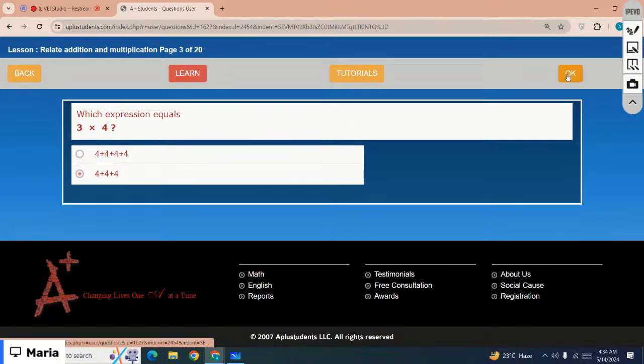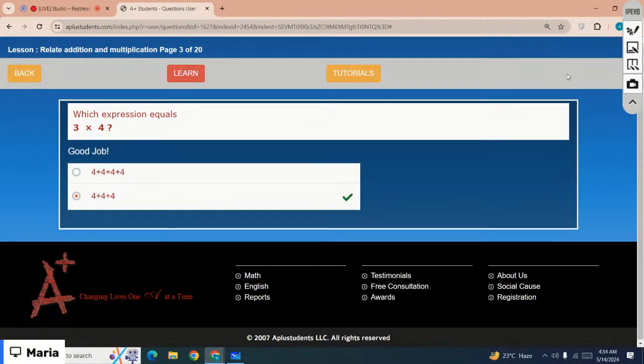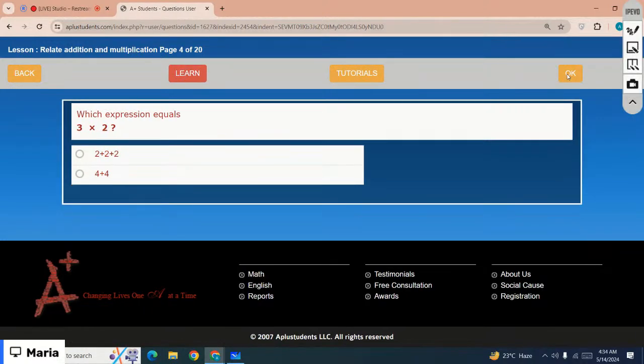You can add 4 three times. So option 2 is the correct option, not option 1. Which expression equals 3 times 2, which is the correct option?